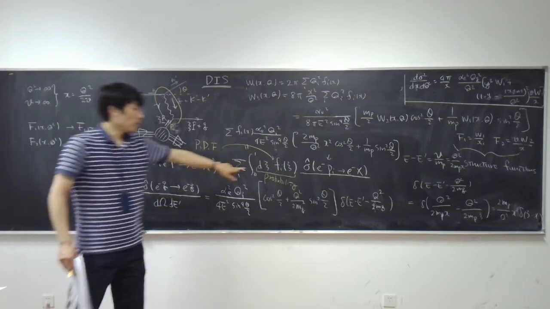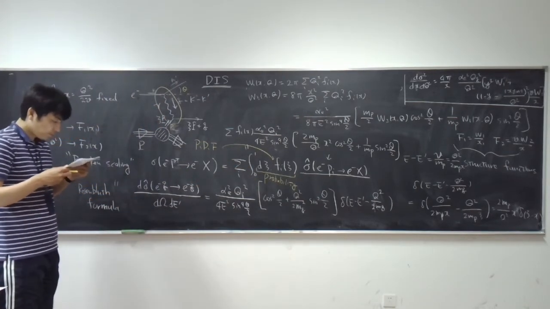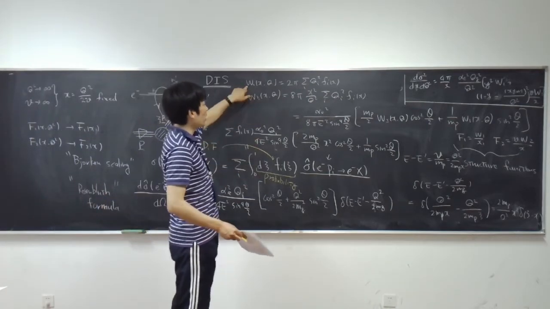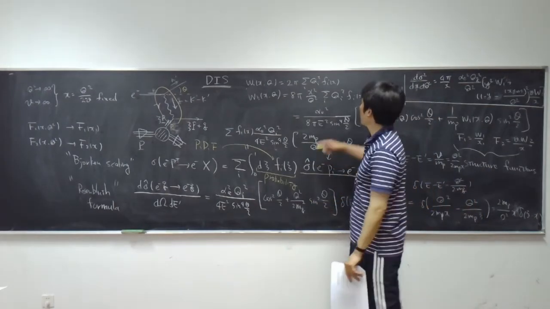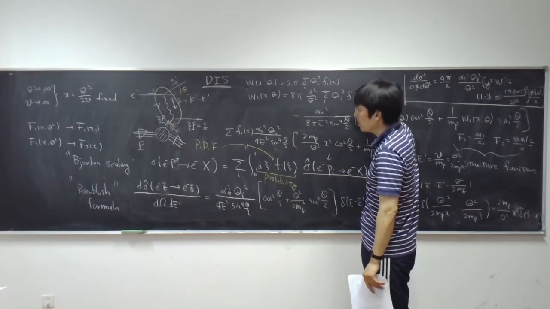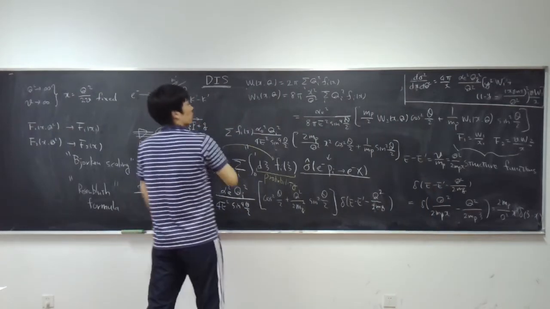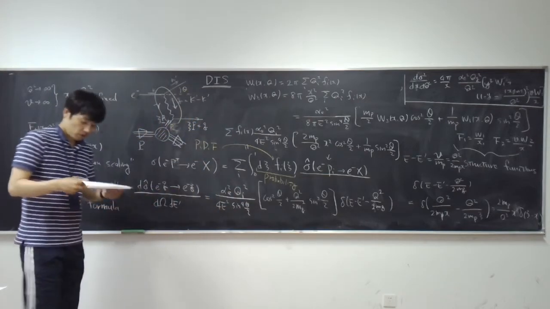So this is a probability function, and this W1 and W2 written here can be written in terms of this probability function, the parton distribution function, if you use this parton model.